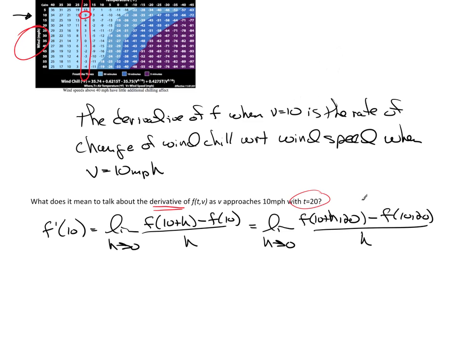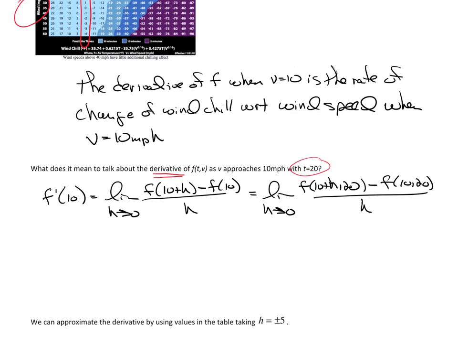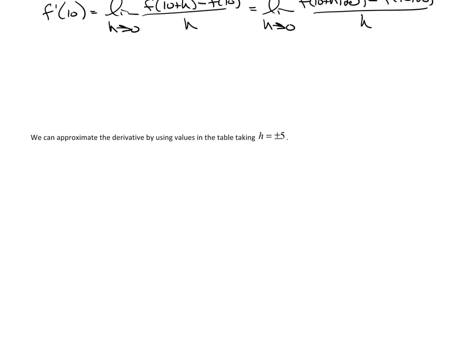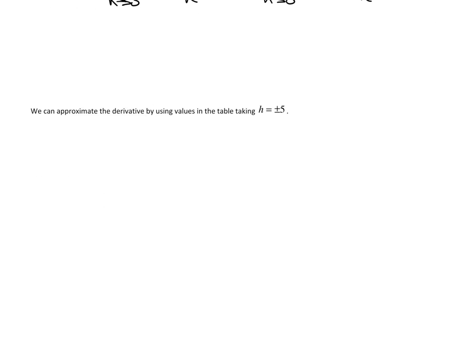But like I said, we don't actually have a continuous function to work with, to use the laws and properties of derivatives that we've come to love and adore to find that derivative. So what we can do instead is a pretty decent job of approximating this derivative by using values above and below. In this case, I go plus and minus 5 miles per hour because the table works in terms of 5 miles per hour.